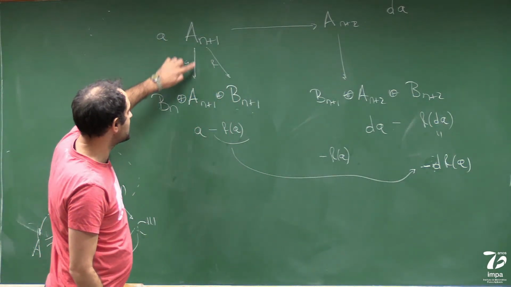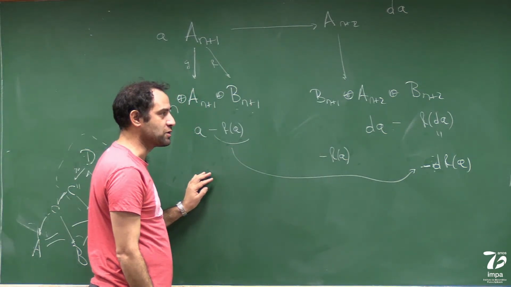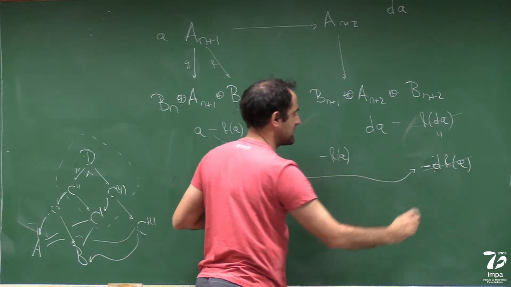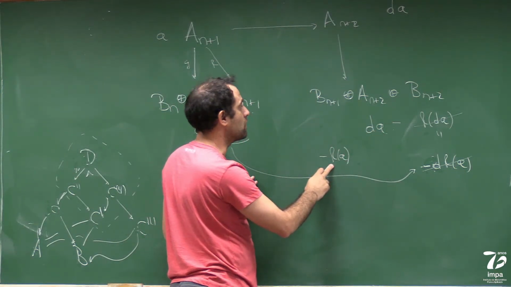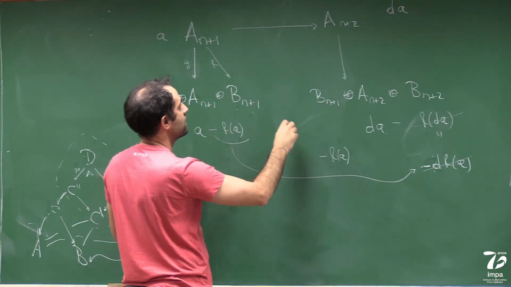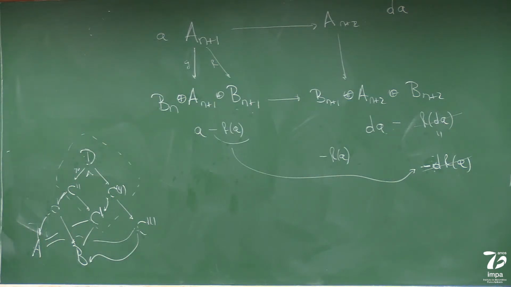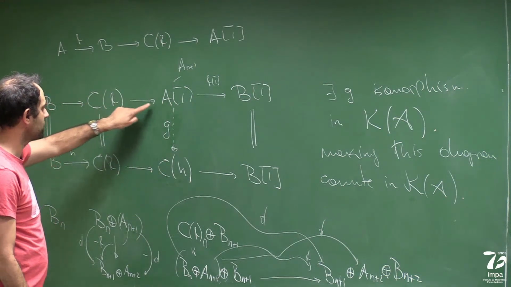And now, this composition here and this composition here are not the same, but they are homotopy equivalent. So what I did is I killed this F of dA, which was the nasty one, and I've got dA minus Fa on these other two components. And that's the same thing going the other way around. Okay, so this guy here makes this diagram commute.